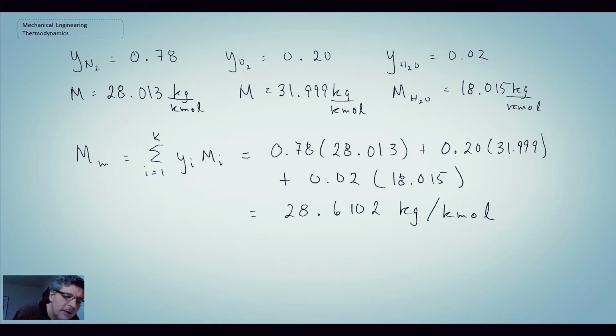We're now going to use that, enabling us to determine the mass fraction. So that is the molar mass of our mixture. So let's go ahead and take a look at the mass fractions.